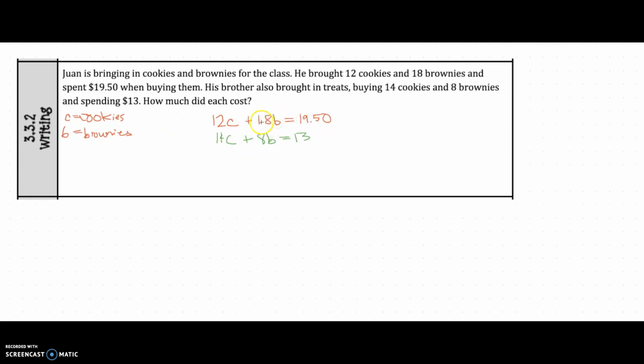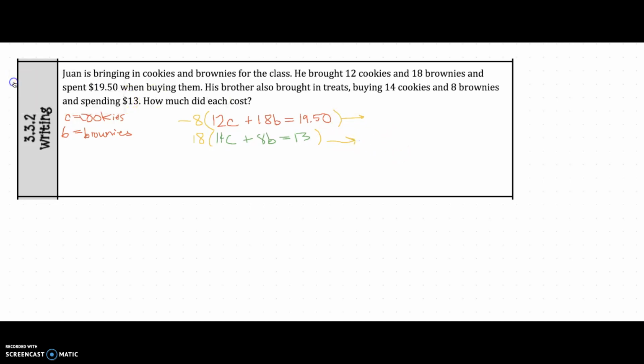I know it has an 18, which is the largest, but it will be fine. So I'm going to multiply the top by 8. And I'm going to make it negative because I know one of them needs to be negative. Then I'm going to multiply the bottom by 18. If I do that, I know 8 times 18 is some number, and also 18 times 8 is the exact same number. So I know that that will work. So I don't really have to think about the math behind that.